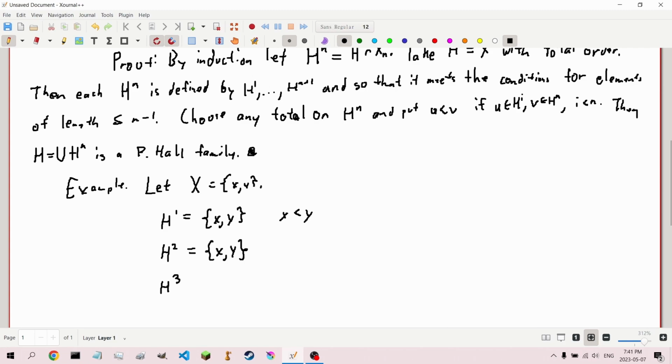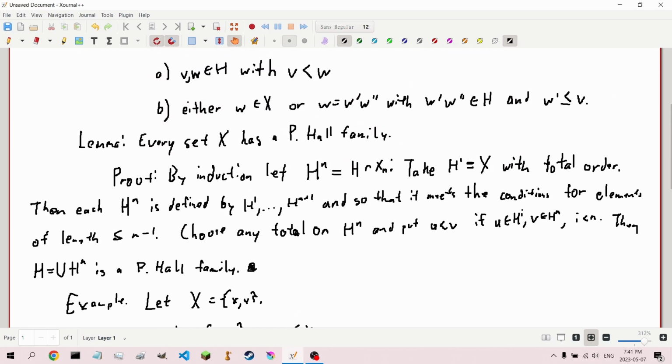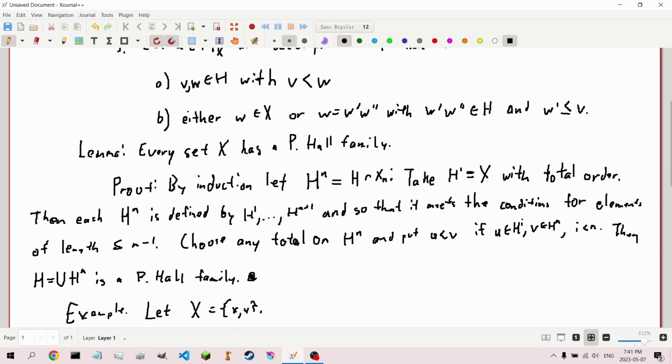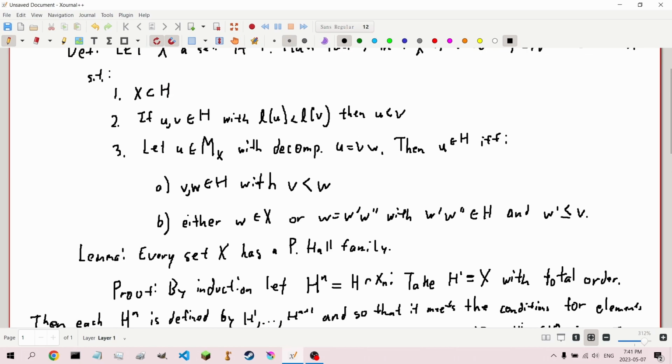H3 is equal to, well, we need elements of length 2 on our right, because we need to be length 3 total, so it's going to be 1 on the left and 2 on the right. It's going to give us 3a.